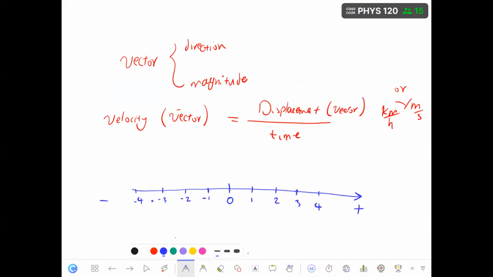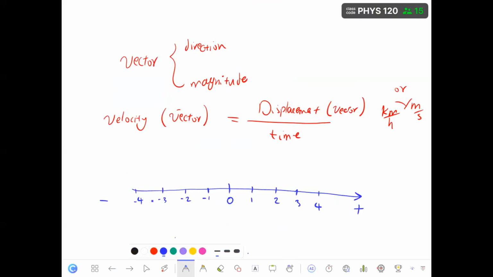Where I stand is going to be my starting point, the origin. When I'm moving to the right, I'm moving in a positive direction. When I'm moving to the left, I'm moving in the negative direction. I will show the direction of the moving particle by positive or negative.